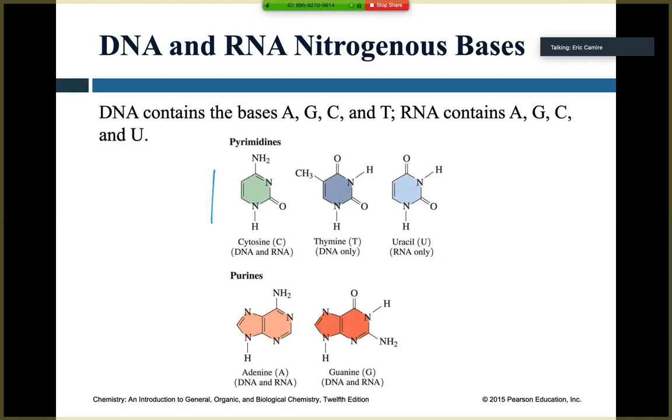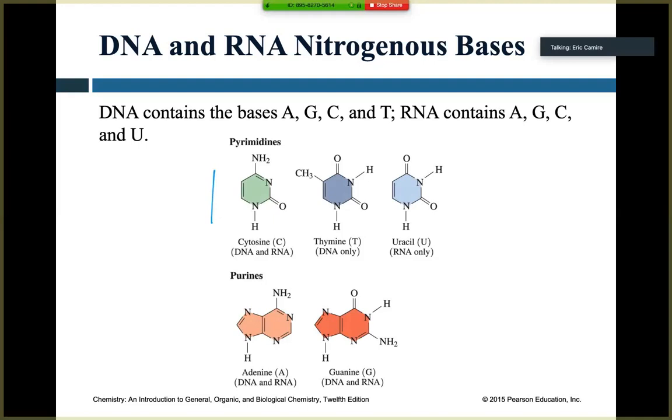You have this essentially cyclic 6-membered ring where there are 2 nitrogens, and you have that carbonyl oxygen. So these are going to be your cytosine, which is C, thymine, which is T, and uracil, which is only used in RNA as a substitute for thymine.